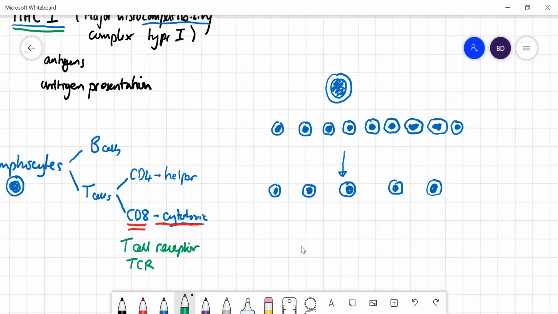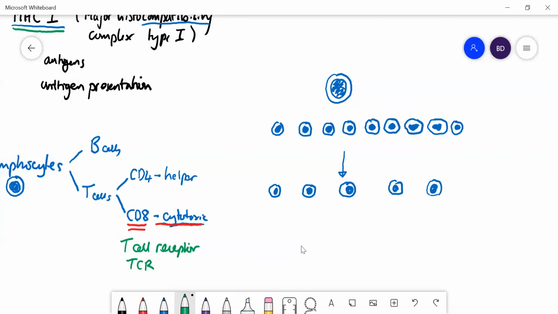So what I've got here is a T cell progenitor cell in an embryo. So the developing embryo has a T progenitor cell. Then what happens is you get a rearrangement of the DNA. So the DNA is spliced.